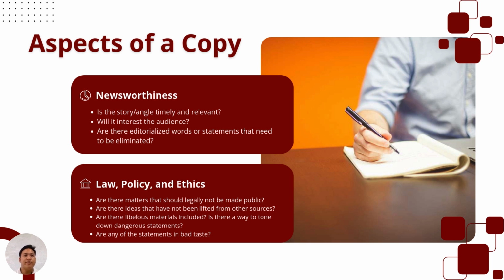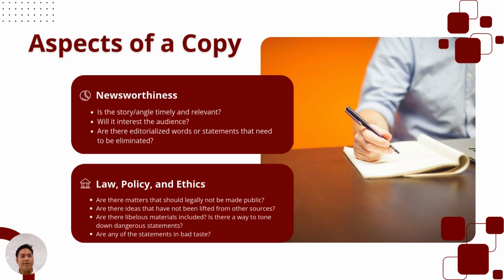Number one is newsworthiness. As you can see here, we have different questions that we need to ask ourselves when we are assessing a copy. The first one is, is the story or angle timely and relevant? Will it interest the audience? Are there editorialized words or statements that need to be eliminated?